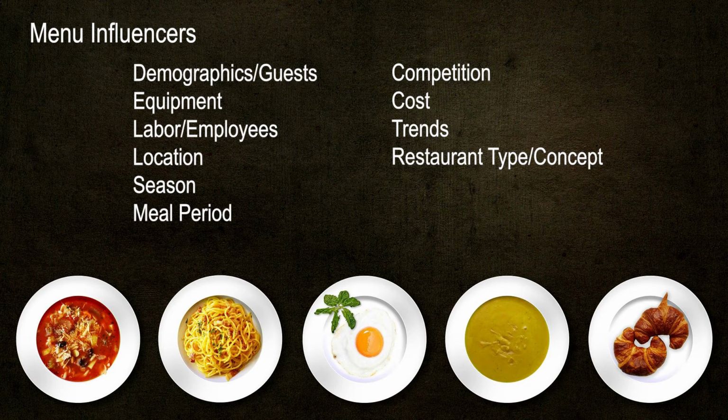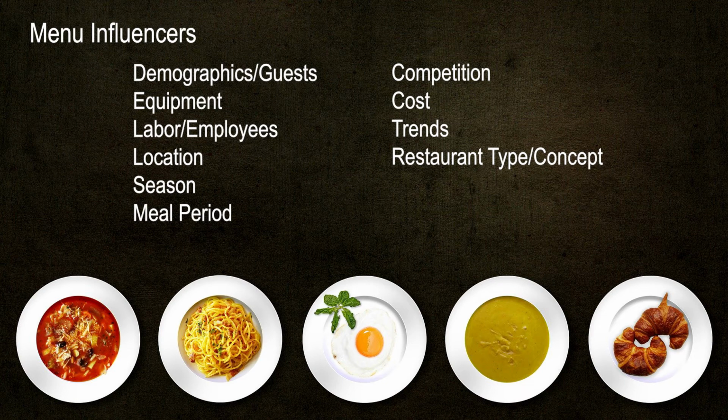And the same goes for the labor and personnel. You could make a really fancy menu, a 20-course tasting menu, but if your employees do not have the skill to pull that off, then the menu would be useless.